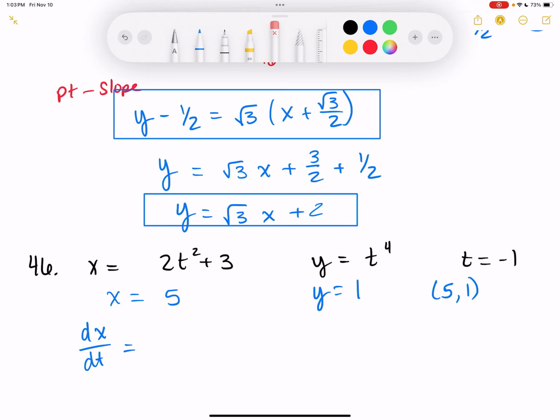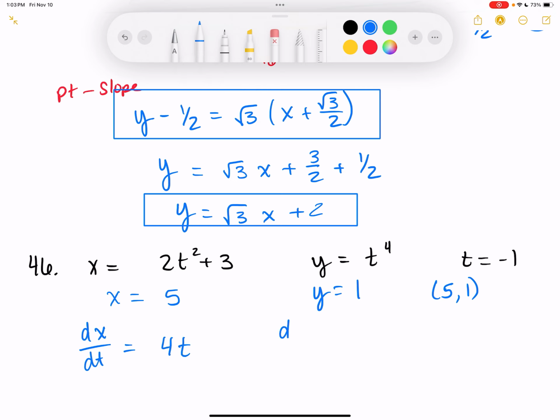All right, derivative of x with respect to t. 4t. Yep, 4t.